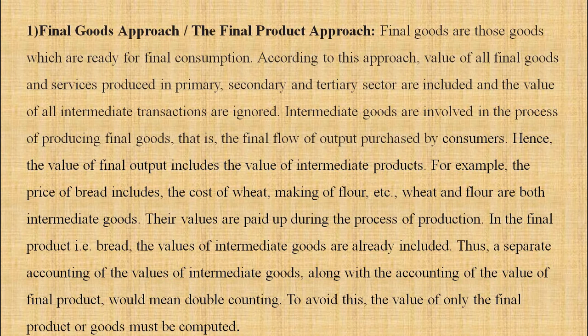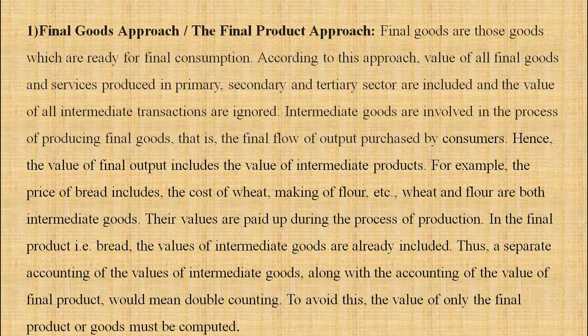To avoid double counting, this method suggests two alternative approaches for the measurement of GNP: final goods approach or final product approach. Final goods are those goods which are ready for final consumption. According to this approach, value of all final goods and services produced in the primary sector, secondary sector, and tertiary sector are included, and value of all intermediate transactions are ignored.